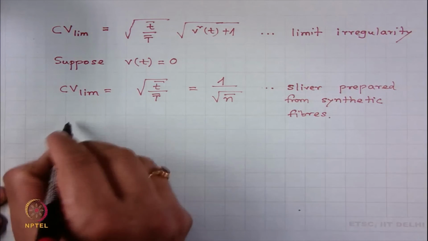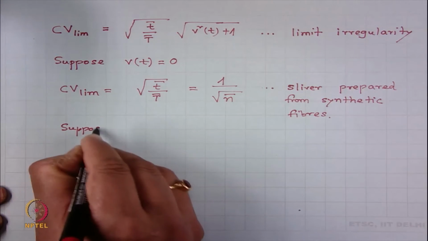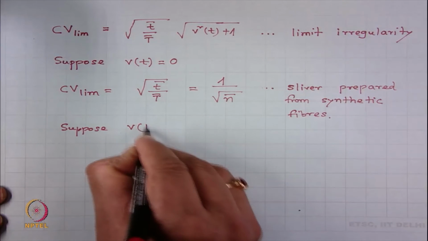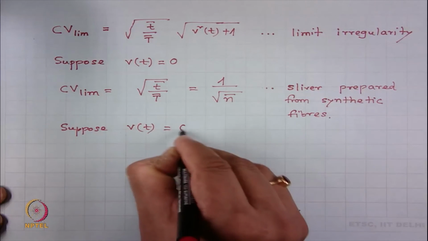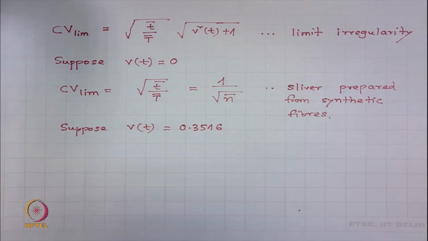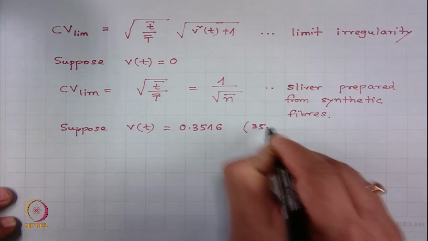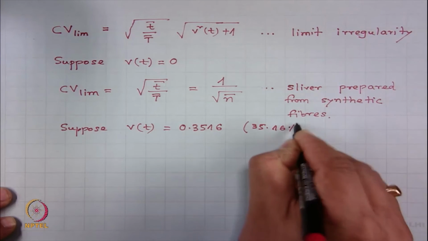And suppose V t is equal to 0.3516. So, that is basically 35.16 percentage.